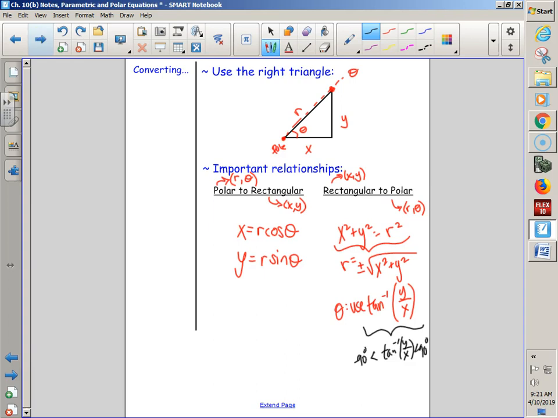So we might want an angle in the second quadrant, the third quadrant, or the fourth quadrant going the other direction. We're going to use this angle and symmetry to get the one that we want. Or we're going to use the first and fourth quadrant and make it a negative r to get to the other quadrant. We actually have more options now since positive r's go one way and negative r's go another way.